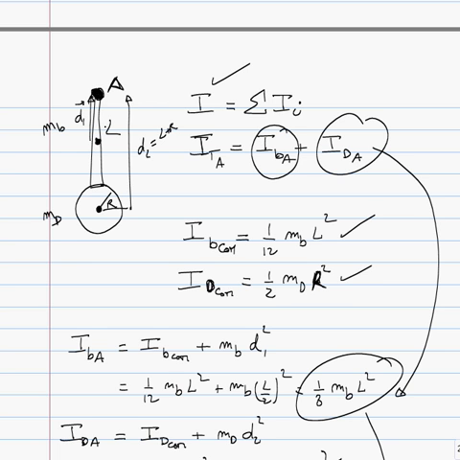They're both perpendicular to the plane. Similarly, I translated this axis of rotation all the way up to here by a vector d2, as I applied the parallel axis theorem for this term.